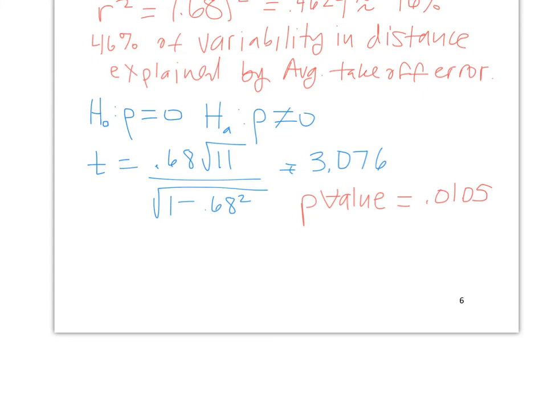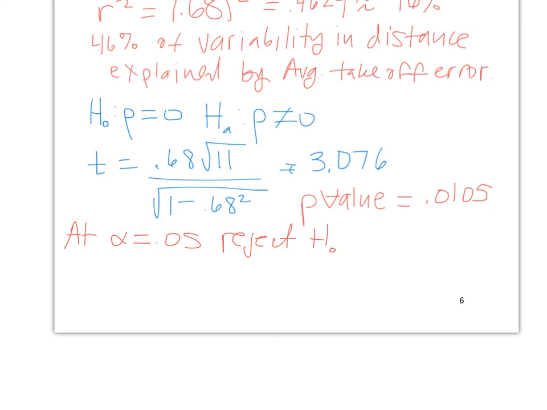Okay, so here's one that depends on the significance level that we choose, but at alpha equal to 0.05, we are going to reject the null because 0.0105 is less than 0.05.